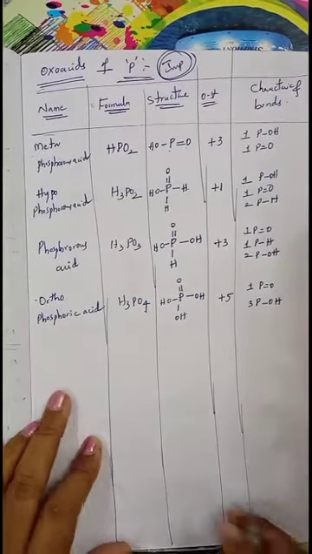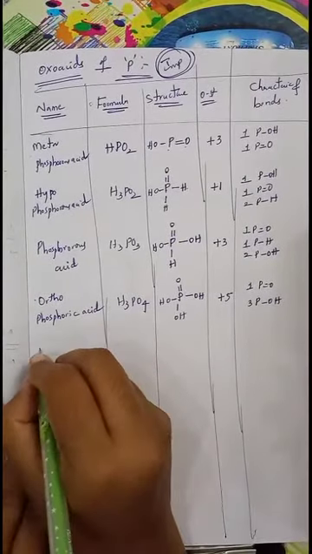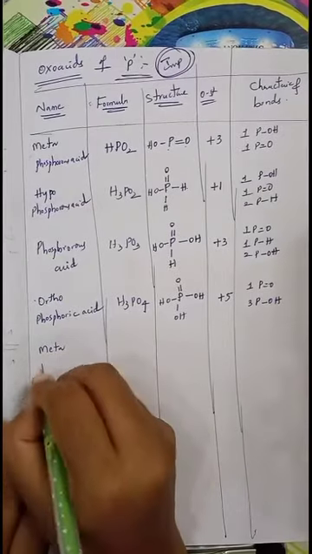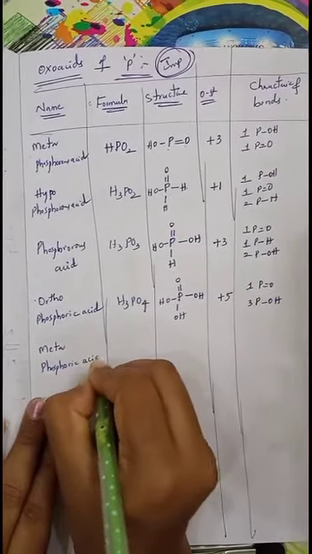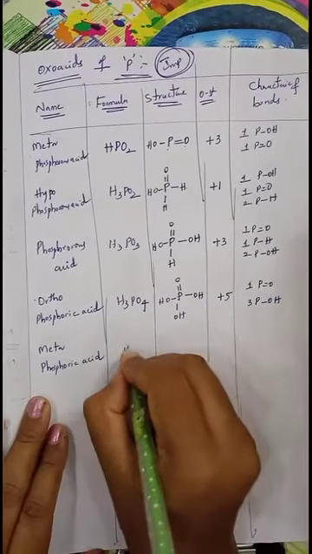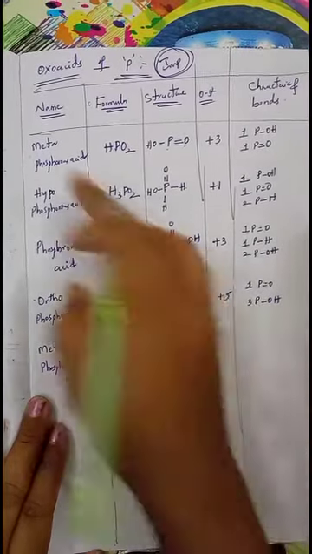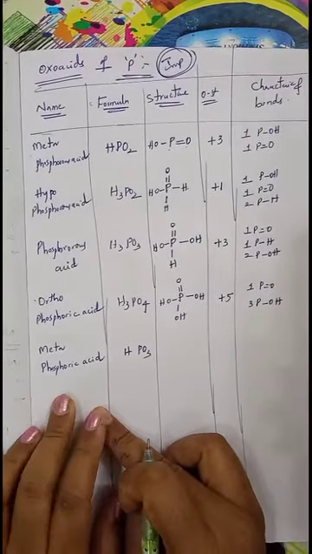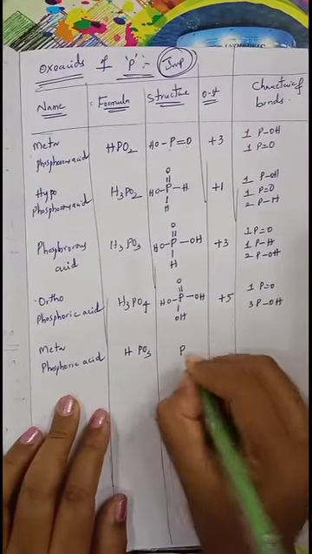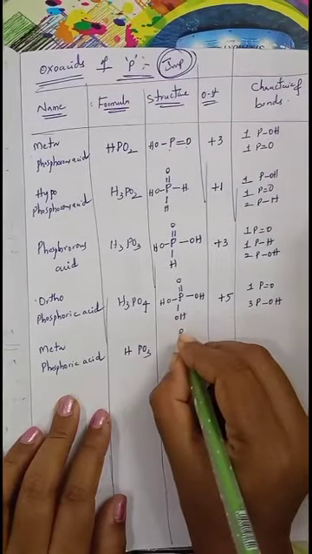Next, metaphosphoric acid. Metaphosphoric acid formula HPO3. This is metaphosphorus acid and this is metaphosphoric acid. Central atom phosphorus. Among 3 oxygens, 1 oxygen will make a double bond.